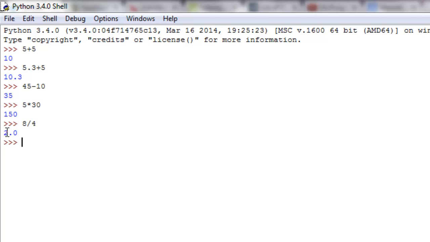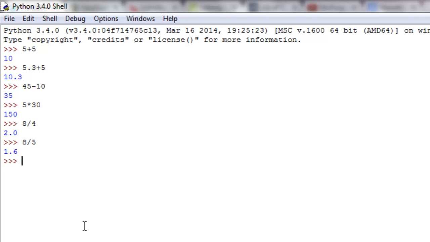And it gives us a floating point value by default now. I don't think it used to. You used to have to actually make one of these a floating point, so it would know to give you a floating point output. So let's say 8 divided by 5, and we get 1.6, so we're still getting floating points.